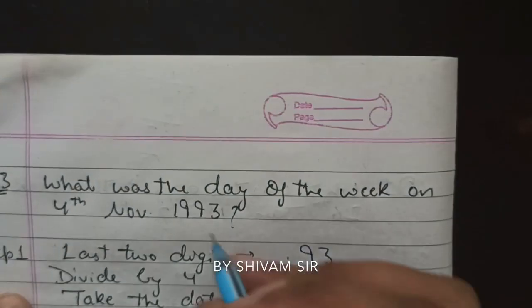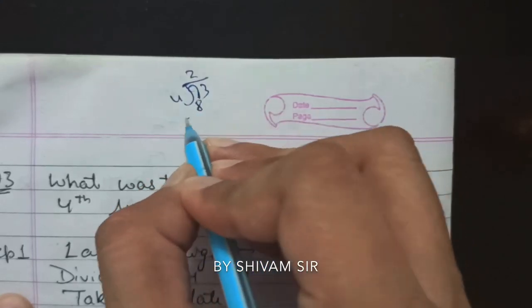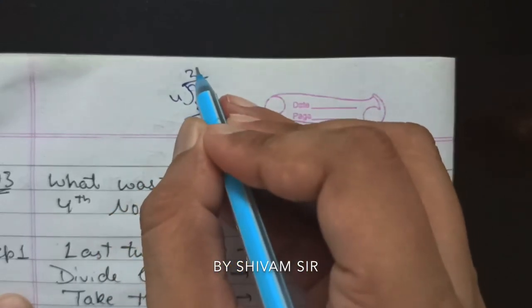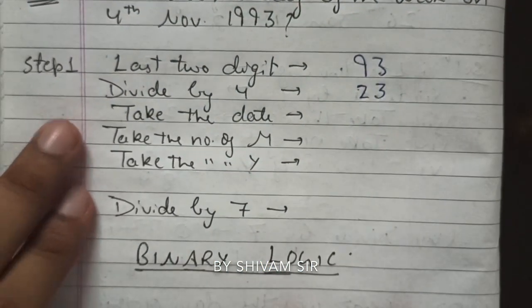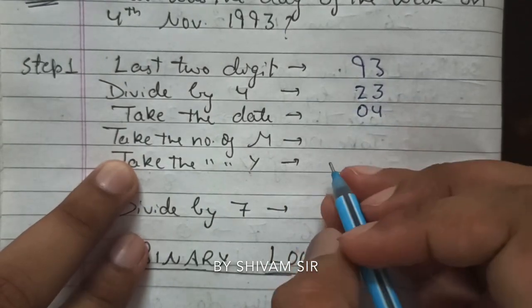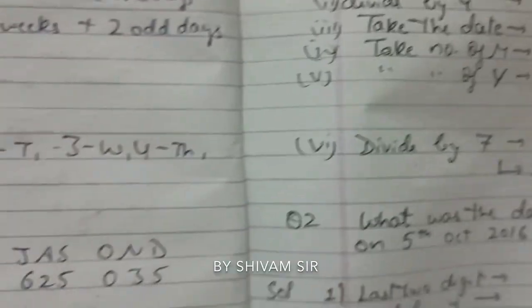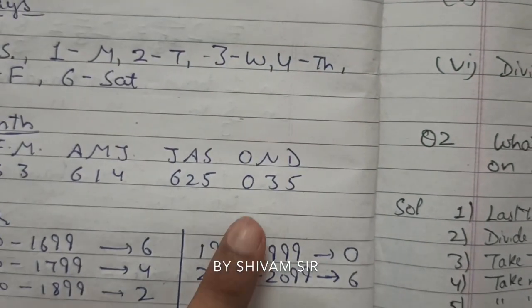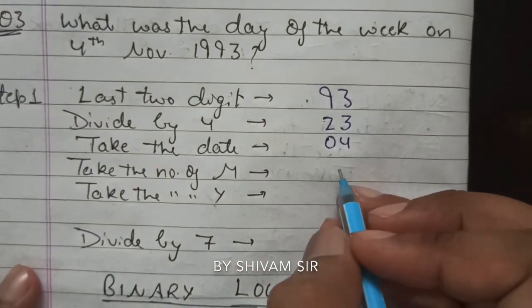You can do it in rough space. 93 divided by 4, 4 times 2 is 8, 13, 4 times 3 is 12, so this is 23. Now take the date. The date is 4th of November, so 04. Now take the number of month. The code of November is 3, so write down 03.